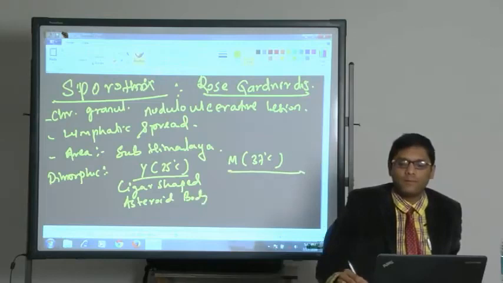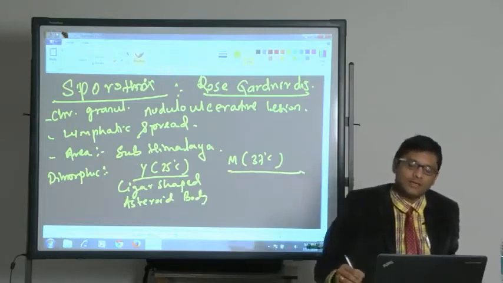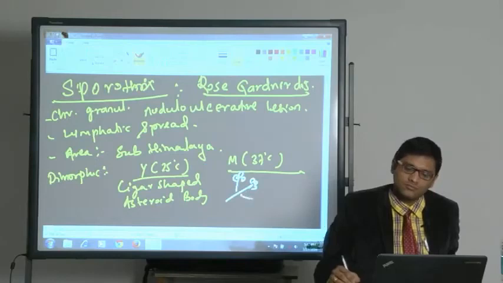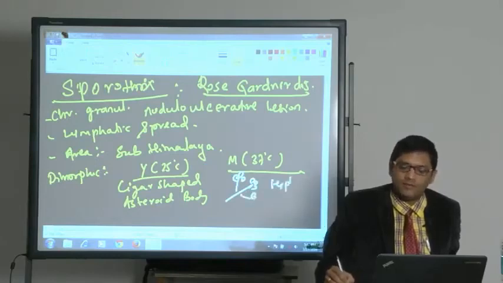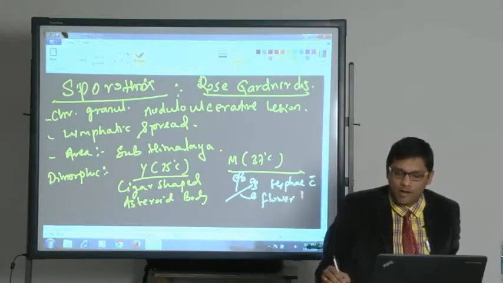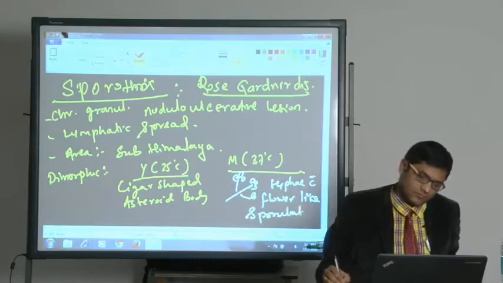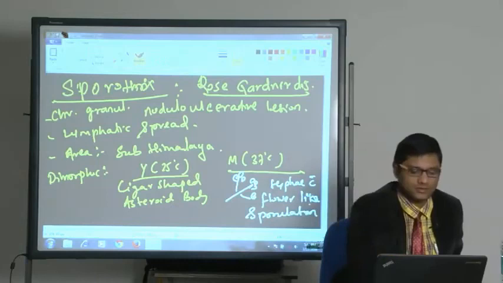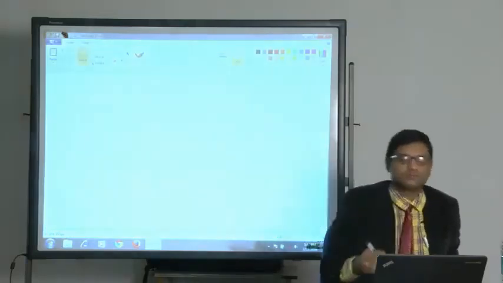Whereas the mold form is described as hyphae with flower-like sporulation. Okay, so this is all about Sporothrix.